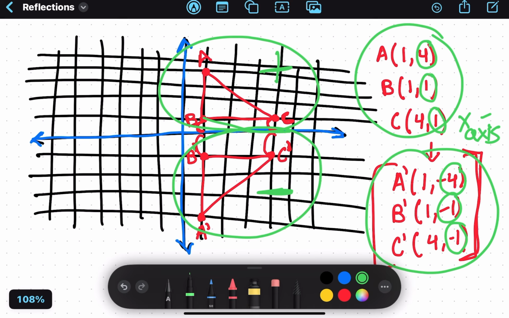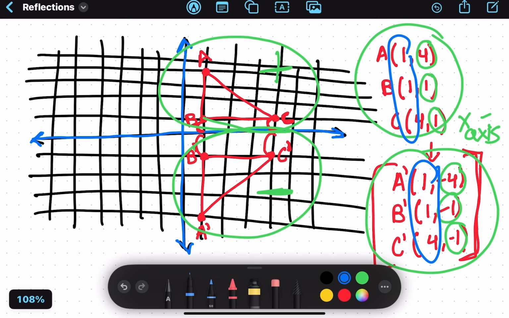So when you're reflecting across the x-axis, the y sign changes. And you guessed it, if we want to reflect something across the y-axis, the x-coordinate will then change sign. Okay?